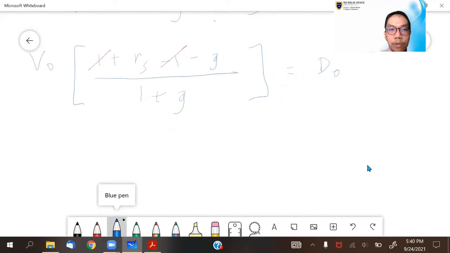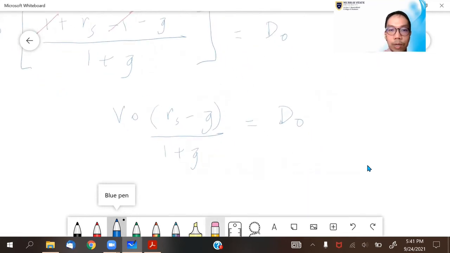So is it V0? Like this, right? RS minus growth rate divided by 1 plus growth rate times V0 should equal D0. And of course, we can move this one to the right-hand side. And we can move this one also to the right-hand side.